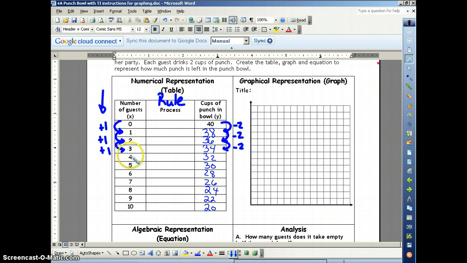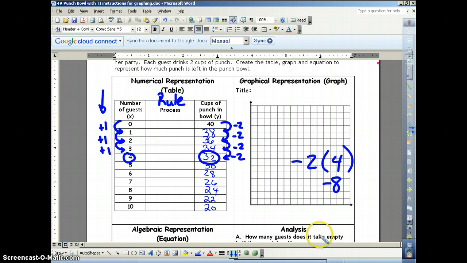Okay? Well, if I get down to 4 guests, I have subtracted 2 how many times? 4 times. If I take negative 2 times 4, I get negative 8, but that's not the answer. The answer is 32.